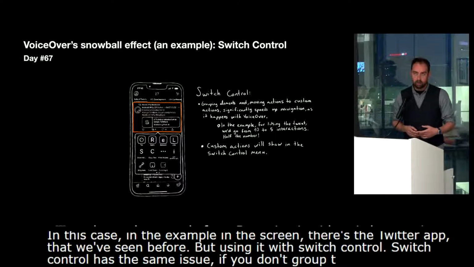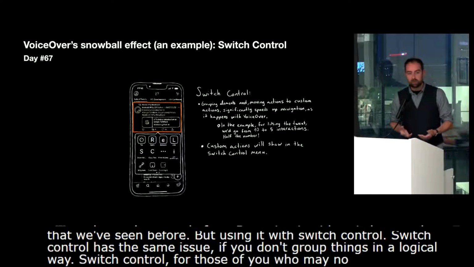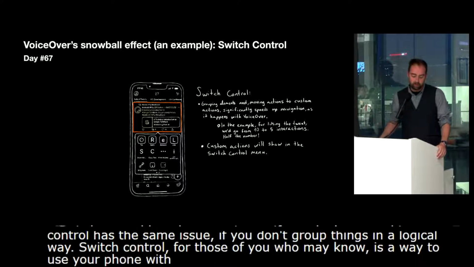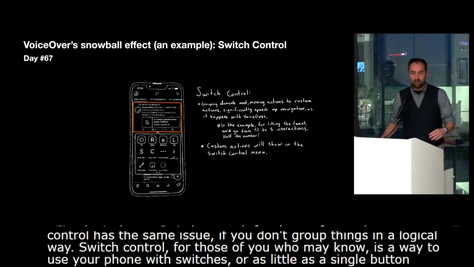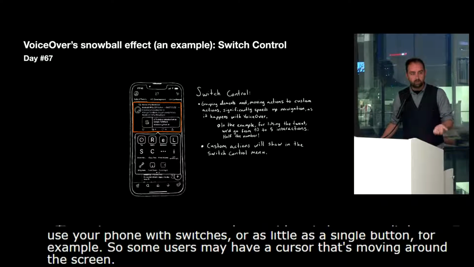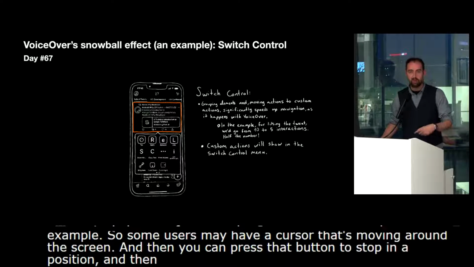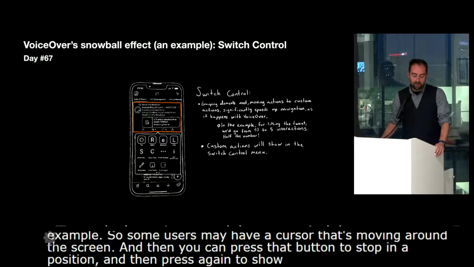Switch control, for those who may not know, is a way to use your phone with switches or as little as a single button, for example. Some users may have a cursor that's moving around the screen, and then you can press that button to stop in a position, press again to show a menu, and press again to interact with that element.